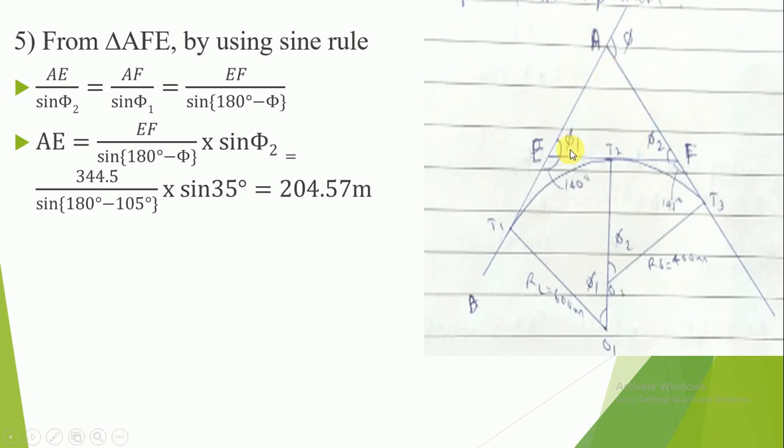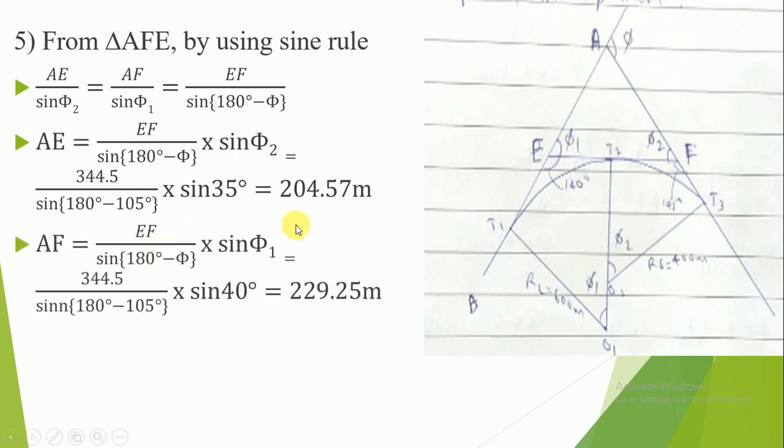So this is our 40 degrees, that is phi 1, and phi 2 is our 35 degrees, and the remaining will be 180 minus this 75, which comes out to be 105 degrees. So I have taken here 105 degrees. According to that I calculated the distance AE, and similarly AF: EF upon sine of 180 degrees minus phi into sine phi 1. AF I have calculated, which comes out to be 229.25 meters.